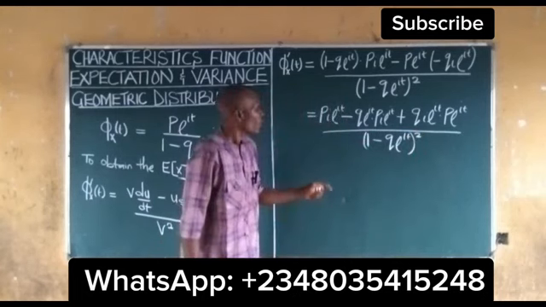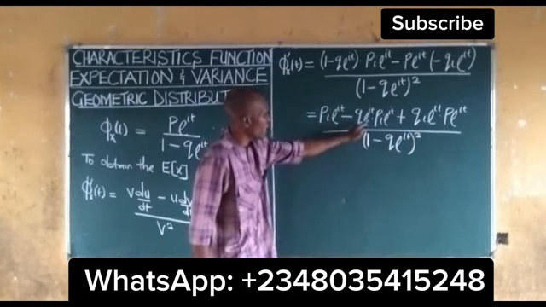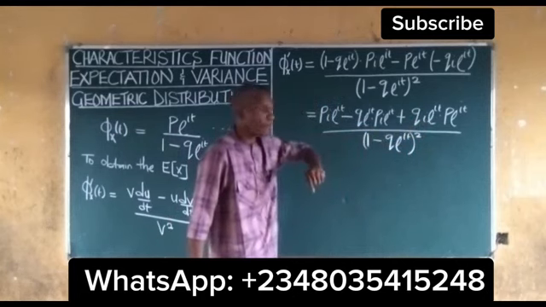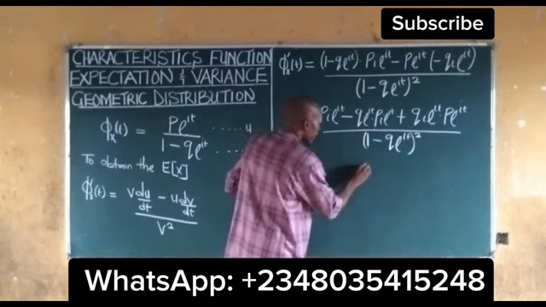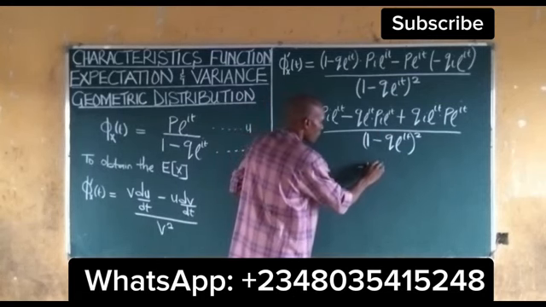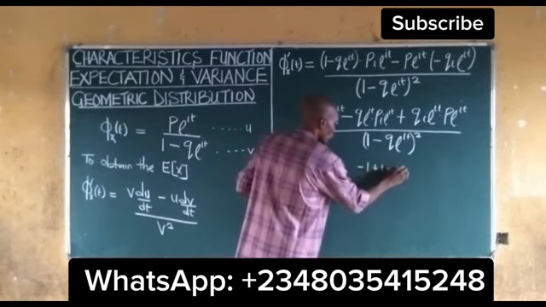Of course, if we look at this, we see that this and this are the same, just like negative 1 plus 1 is equal to 0.